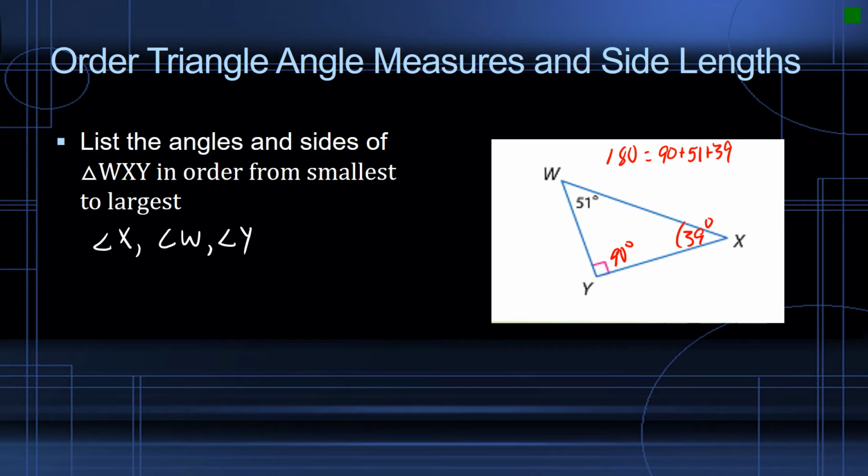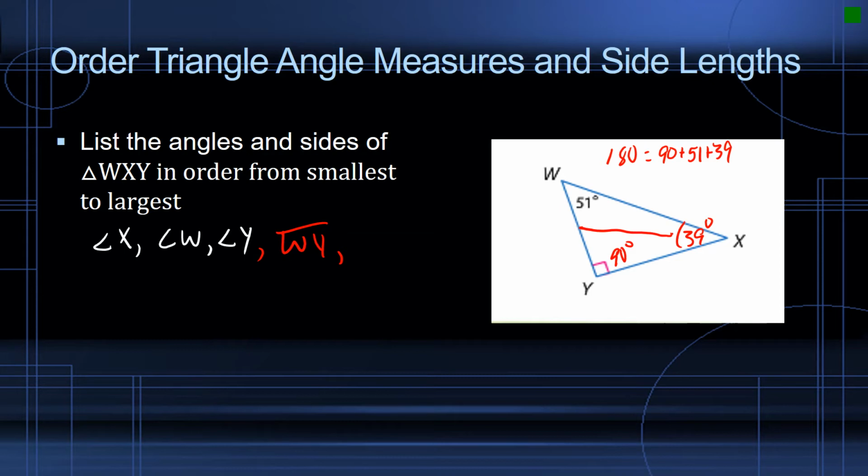Now, what about the sides? Well, if angle X is the smallest angle, excuse me, then the side opposite to that is going to be the smallest side length, so that's going to be segment WY.